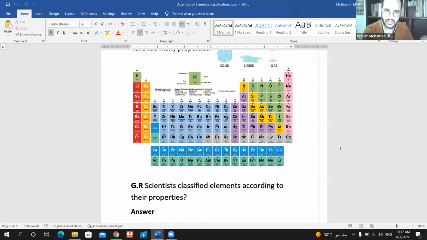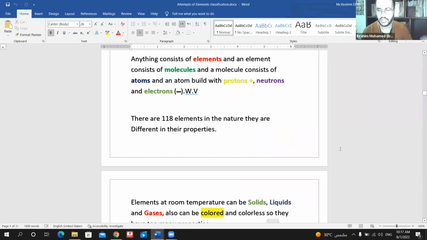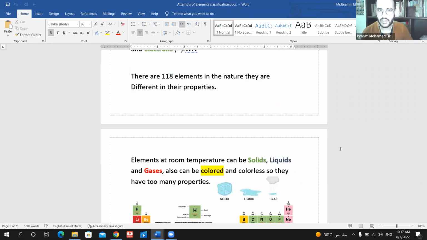At first, you want to know how many elements exist in our life now. There are 118 elements in nature. They are different in their properties, and in their physical and chemical reactions too.